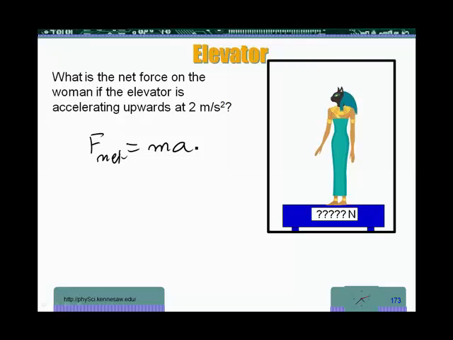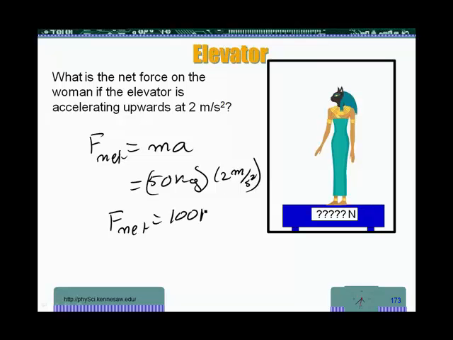We know the mass of the woman is 50 kilograms, and we have just decided that she's accelerating upwards at 2 meters per second squared. That immediately tells us that the net force acting on her is 100 newtons upwards. Okay?